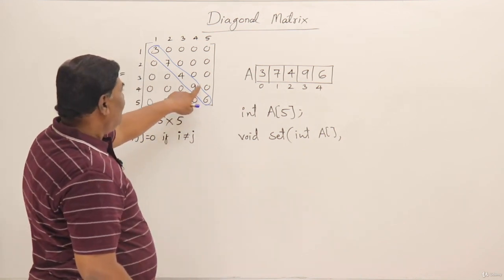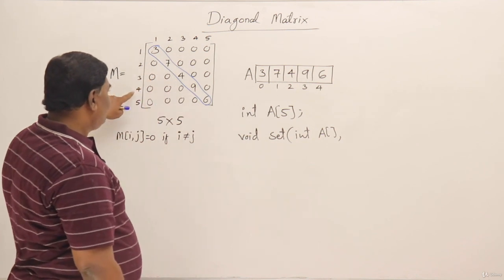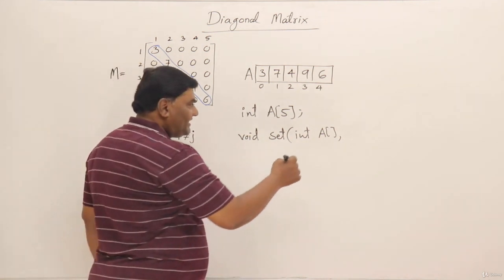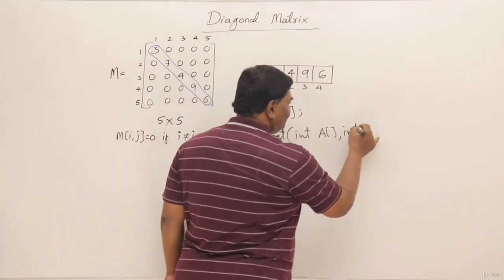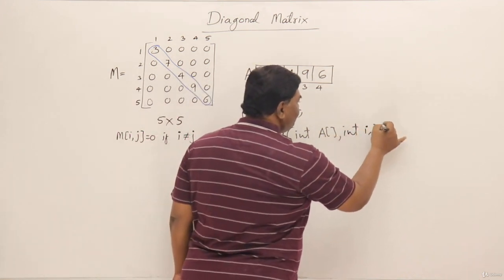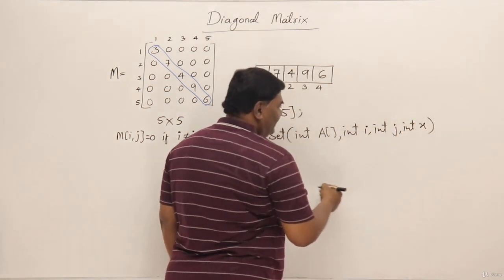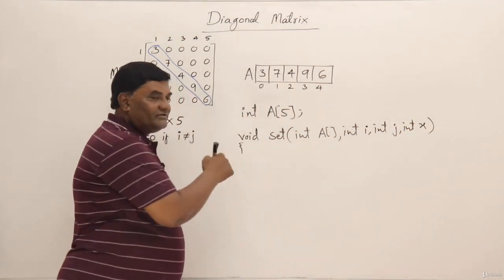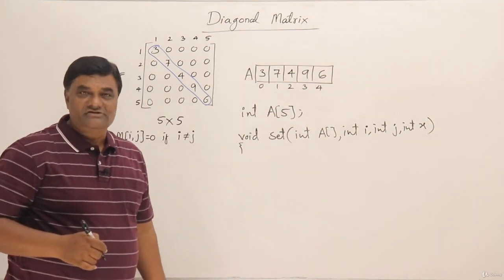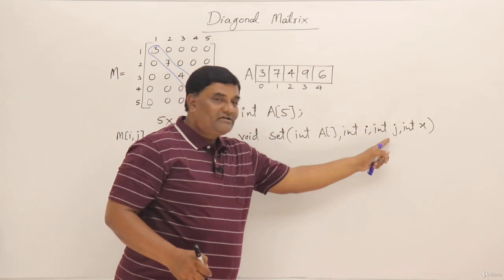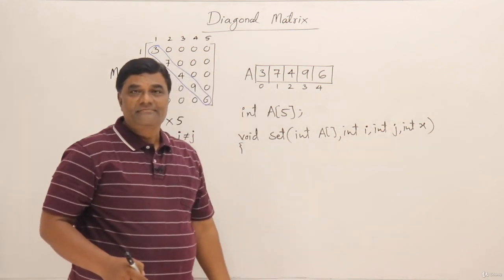Along with this, it also needs the row number and column number, that is i and j. So three more parameters are required, that is i, j, and x, the element that I want to store. So these are the parameters of the function: first an array in which you want to store, then the row number, the column number, and the element.